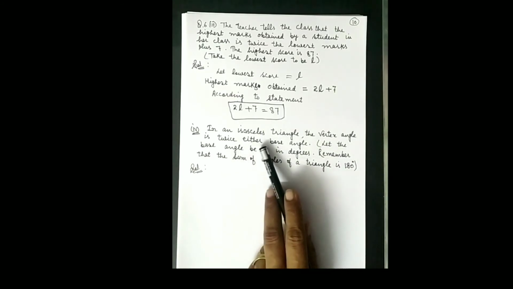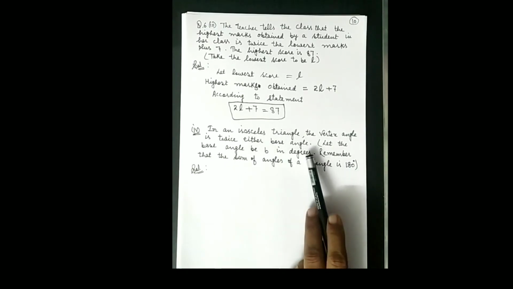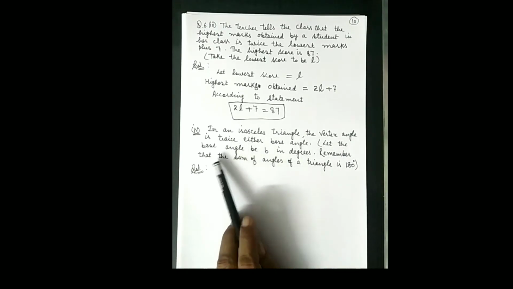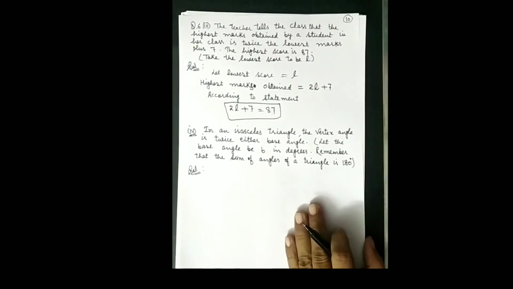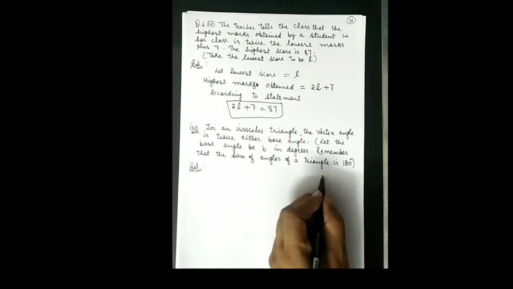Next, fourth part. In an isosceles triangle, the vertex angle is twice either base angle. Let the base angle be B in degrees, that is B degree. Remember that the sum of angles of a triangle is 180 degree. So isosceles triangle is given.